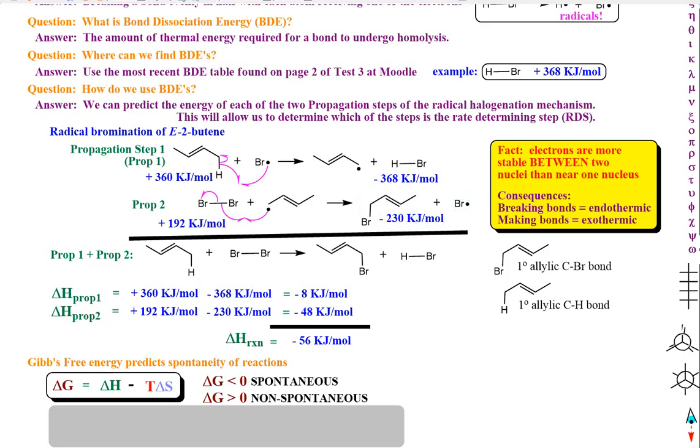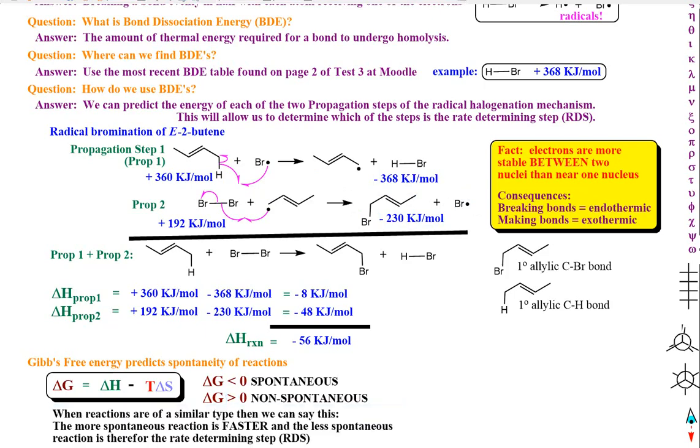These are very similar types of reactions. So when we do have similar types of reactions, then we can say this: the more spontaneous reaction is faster, and the less spontaneous reaction is therefore the rate determining step, slower.